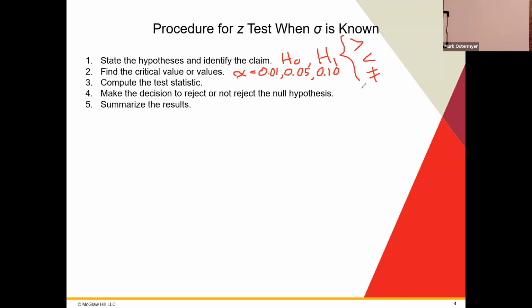Of course, the level of significance alpha is a probability, and it basically indicates the probability of committing a type 1 error. A type 1 error is rejecting a null hypothesis when the null hypothesis is indeed true. That's one of the worst things that you could commit when conducting hypothesis testing.